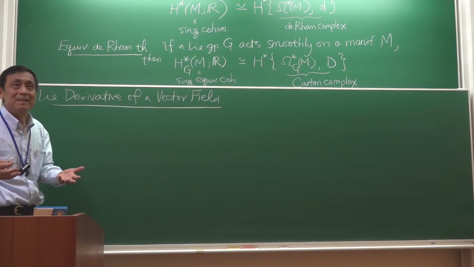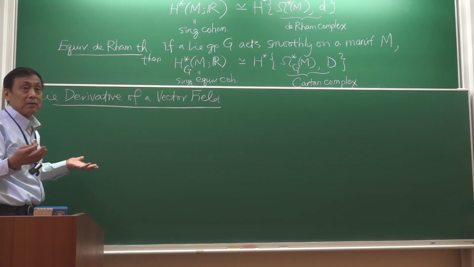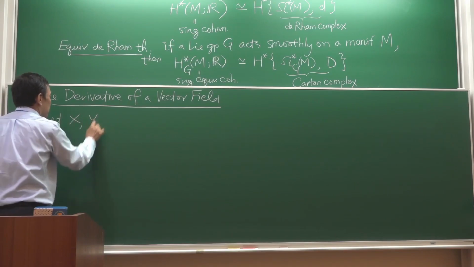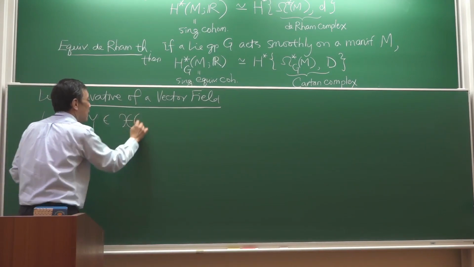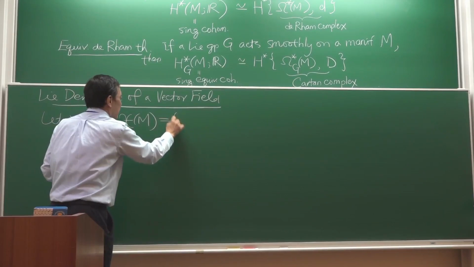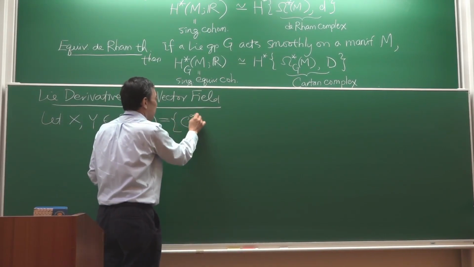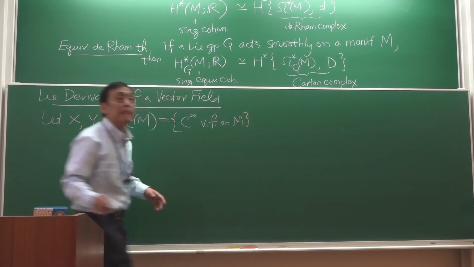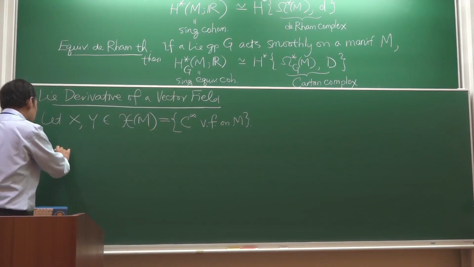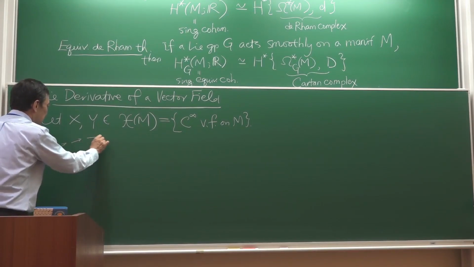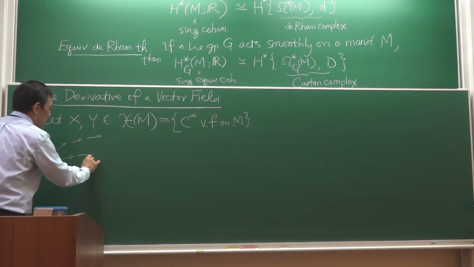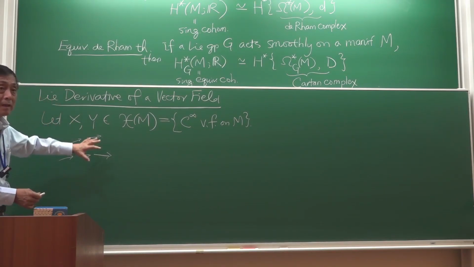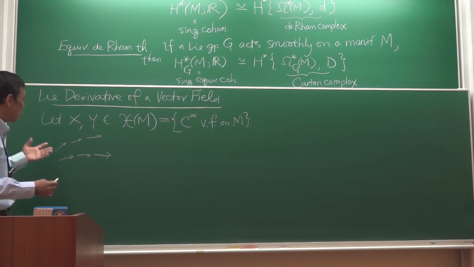So that means you're trying to differentiate, and you have two vector fields. Okay, this is the notation for C infinity vector fields on M. Now, let's say this is the vector field X. A vector field is a vector at each point of the manifold.